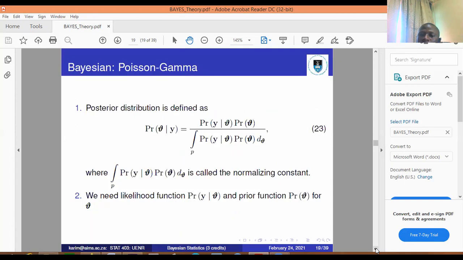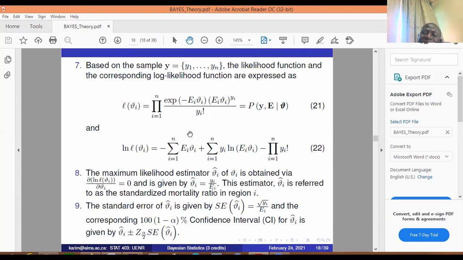Now, how do we do that? This is just the likelihood function, so I haven't gone to Bayesian yet. This is just the frequentist way of doing things. You find the likelihood function and you can differentiate directly, or you take the log of the likelihood function and then you differentiate.